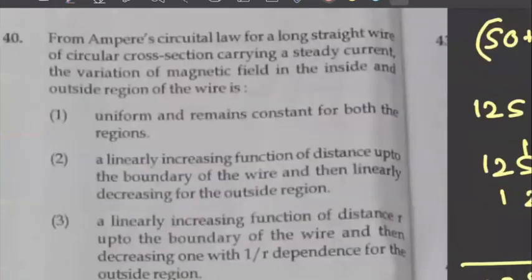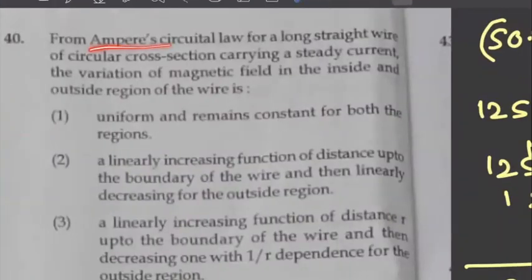Okay. Now from Ampere's circuital law, for a long straight wire of circular cross section carrying a steady current I, the variation of magnetic field inside and outside region of the wire. So what's the magnetic field inside?